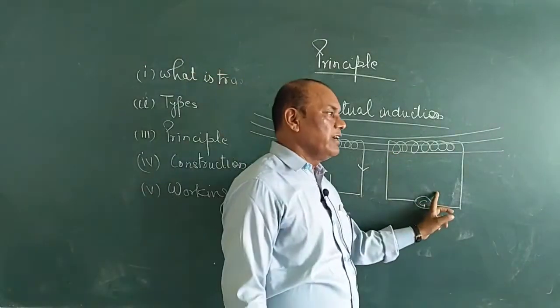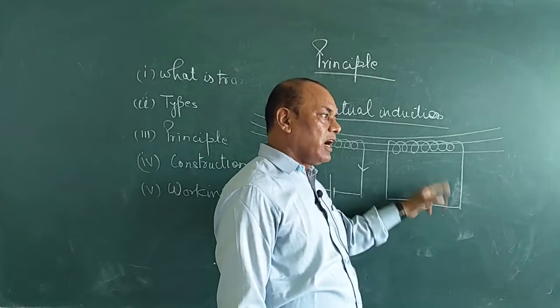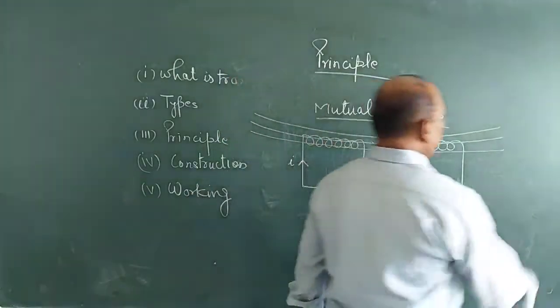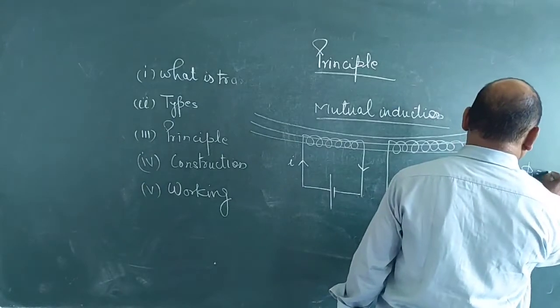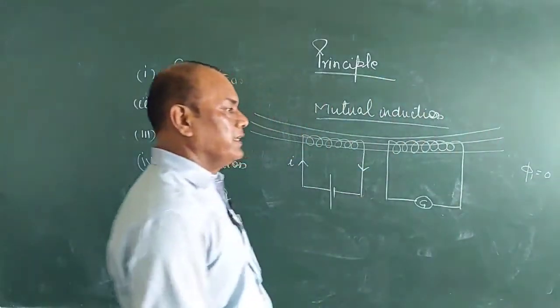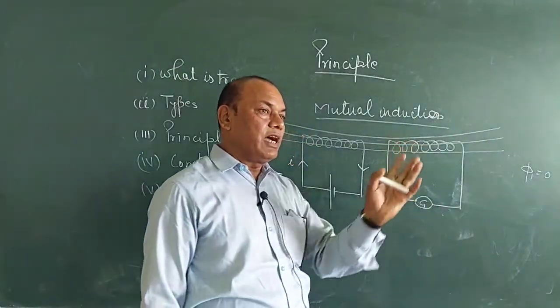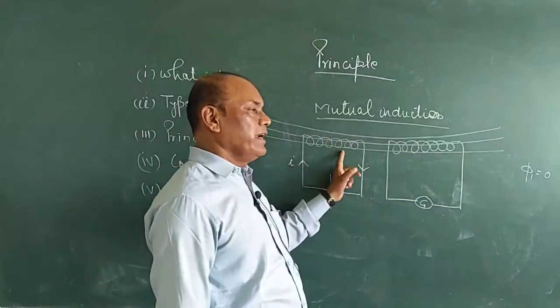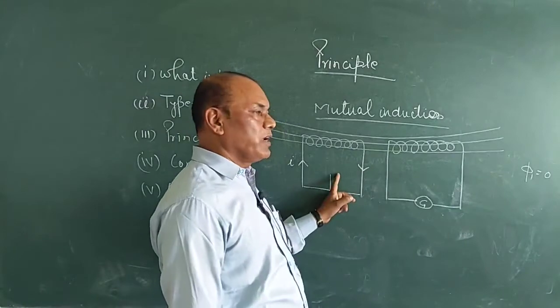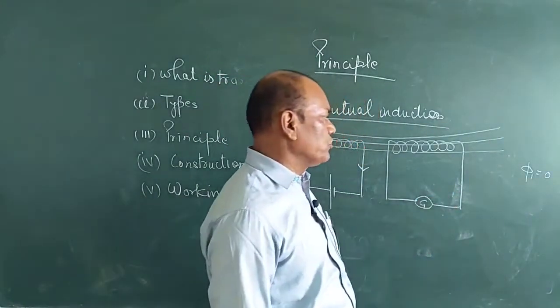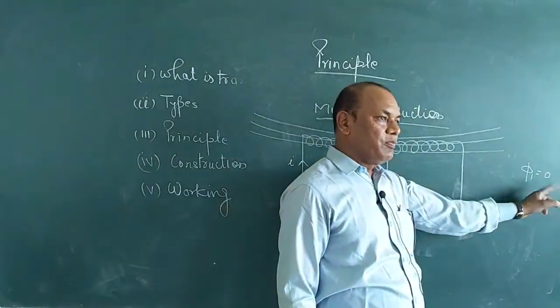If this secondary coil is first kept outside of the primary coil, then its magnetic flux is equal to 0. Listen carefully. If the secondary coil is kept very far away from the magnetic field lines arising due to the primary coil, then the magnetic flux attached to this coil becomes 0.